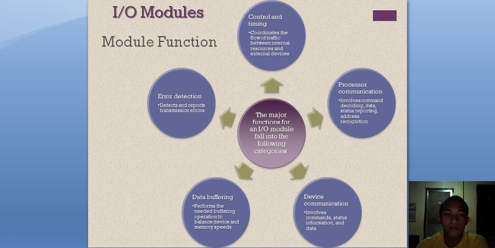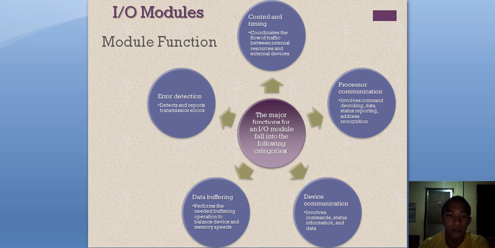The major functions or requirements for an input-output module fall into the following categories: control and timing, processor communication, device communication, data buffering, error detection. During any period of time, the processor may communicate with one or more external devices in unpredictable patterns, depending on the program's need for input and output.